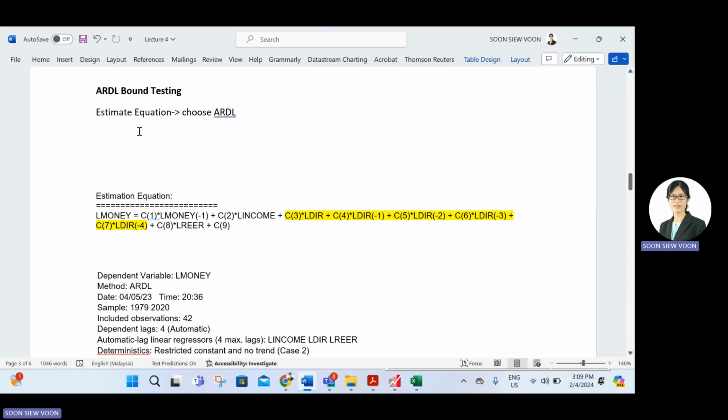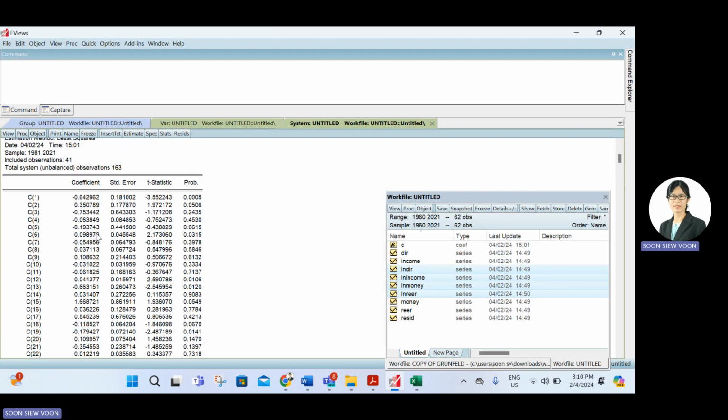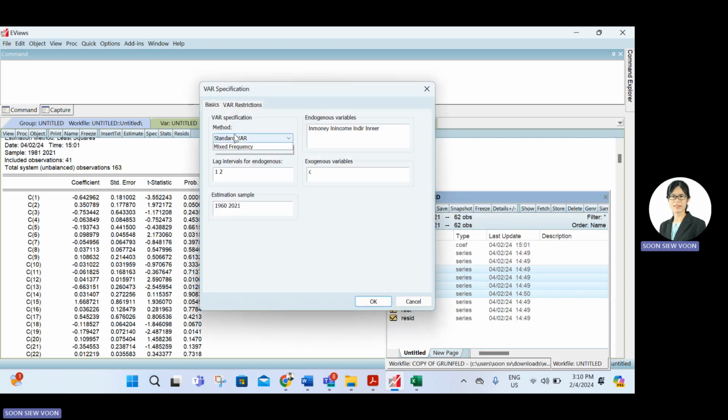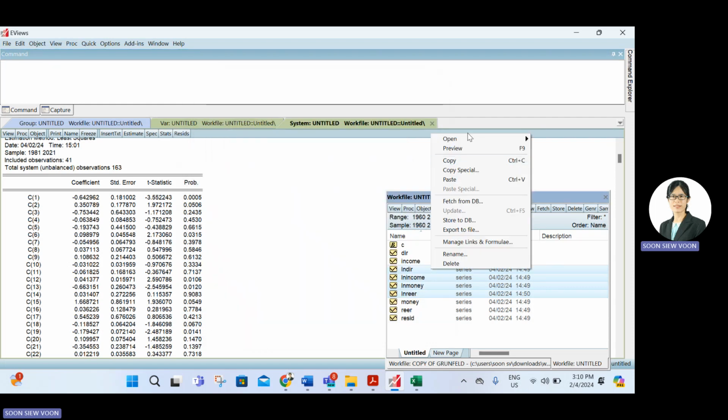So you go to estimate equation, go to the ARDL. How can we run the analysis? We need to open them, right? I just now opened them as a VAR form. Then the method is a single equation, right? But now we can open them as an equation.